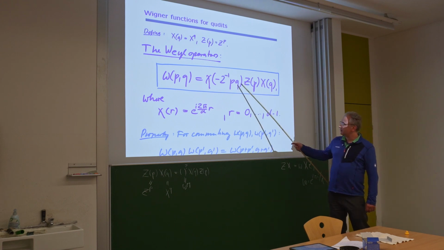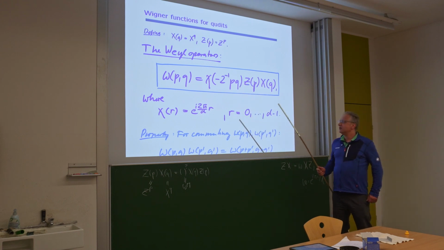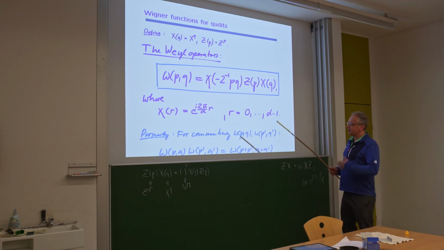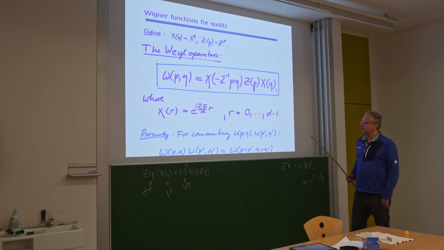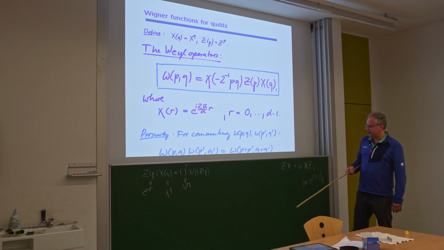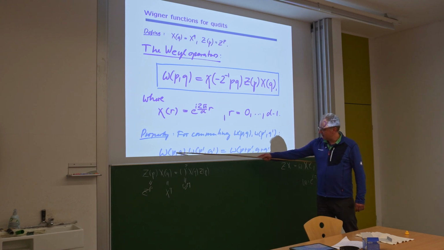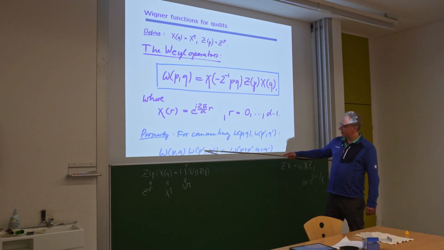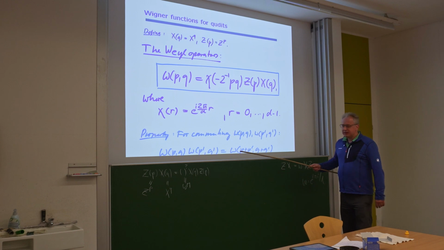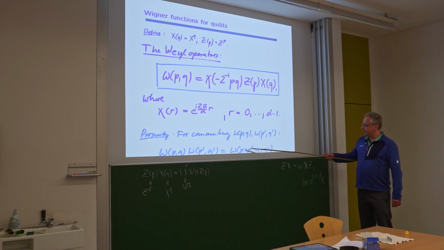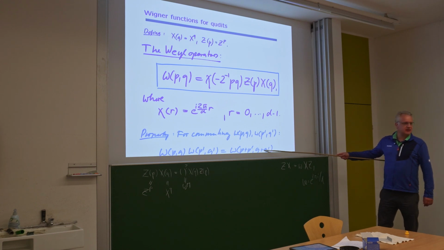Let me just say why this is clever, and this will be elaborated on next time. It's clear: you take a Pauli, you take another Pauli, and multiply them, or Weyl operators, I suppose, and these labels are just adding up.